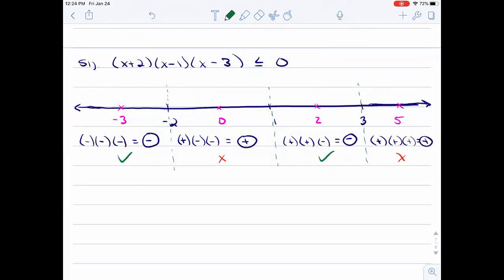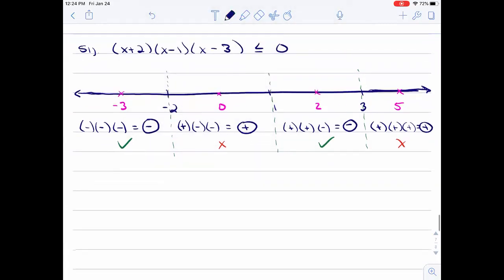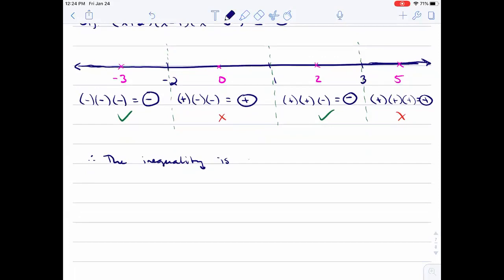Oh, good. All right. The interval, right? The inequality is solved. Therefore, the inequality is solved, or it might make more sense to say it's true on the interval.